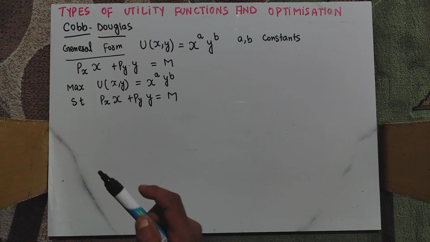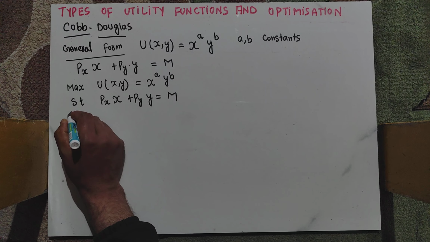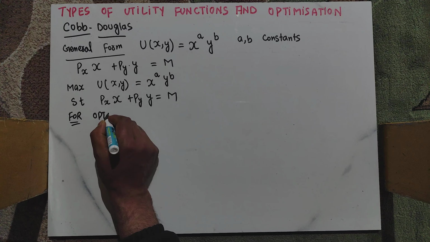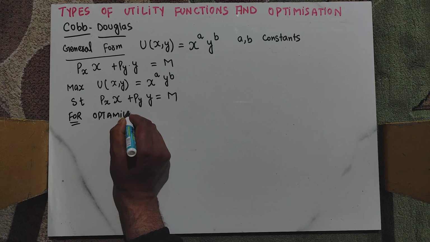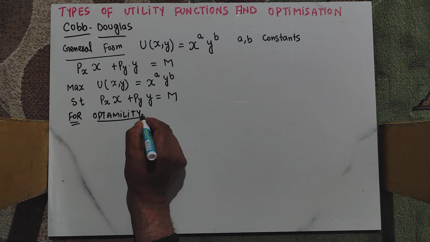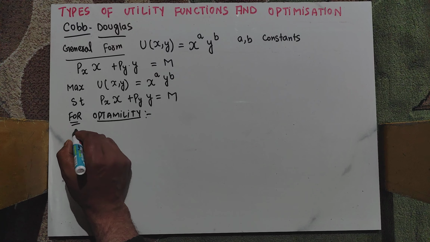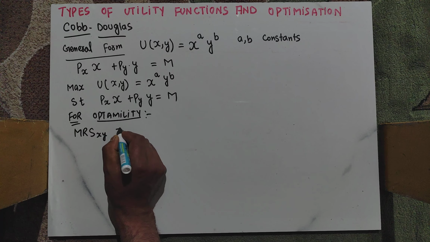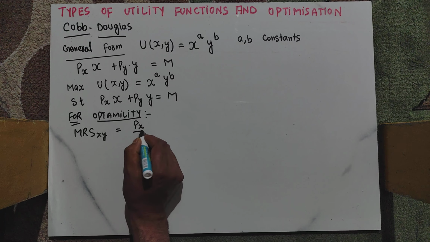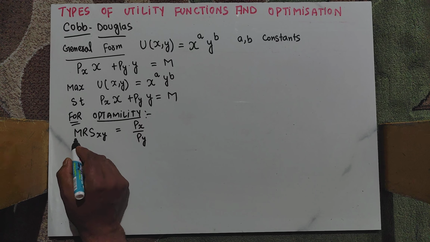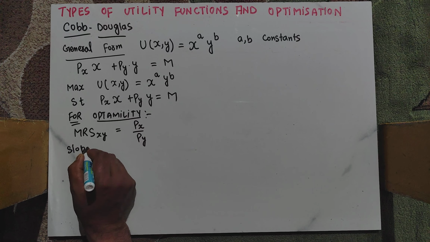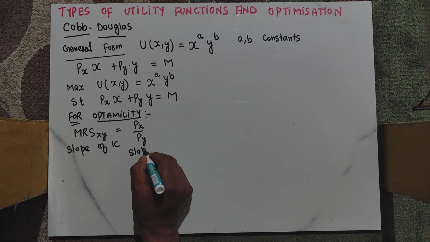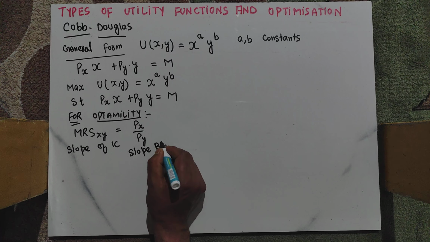Okay, so for optimality, the condition is that we equate the marginal rate of substitution between good x and y with the ratio of the prices, price of x and price of y. This denotes the slope of the indifference curve, and this denotes the slope of the budget line.